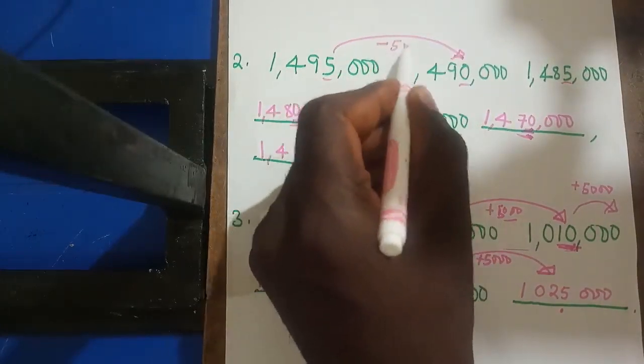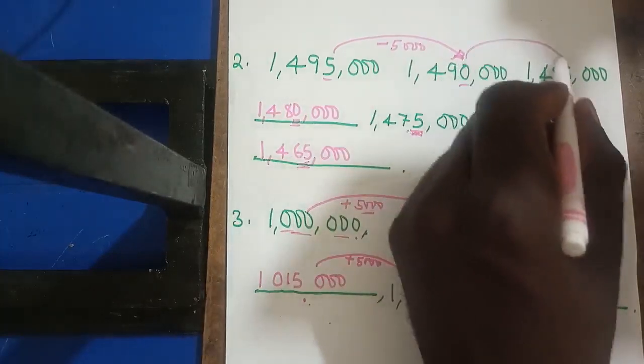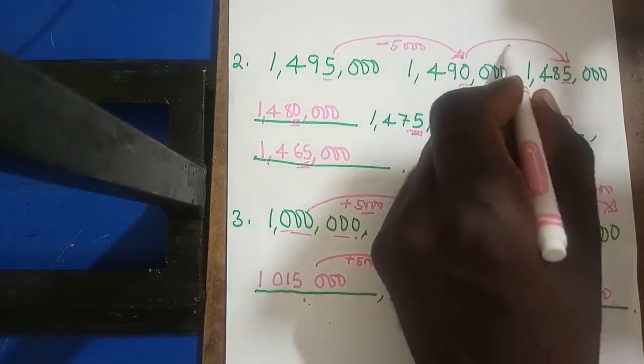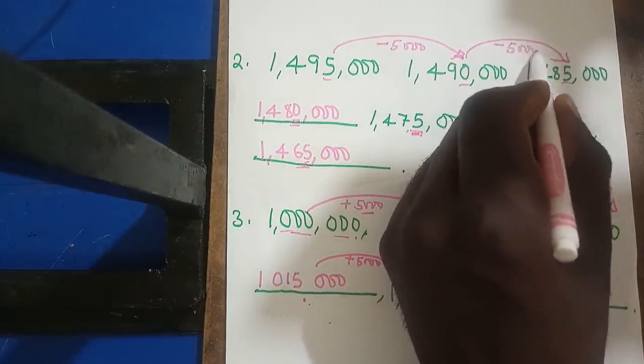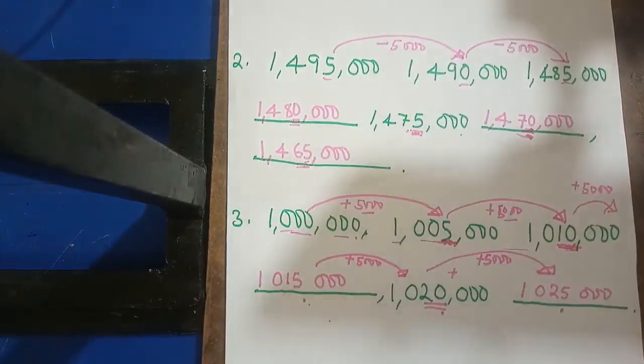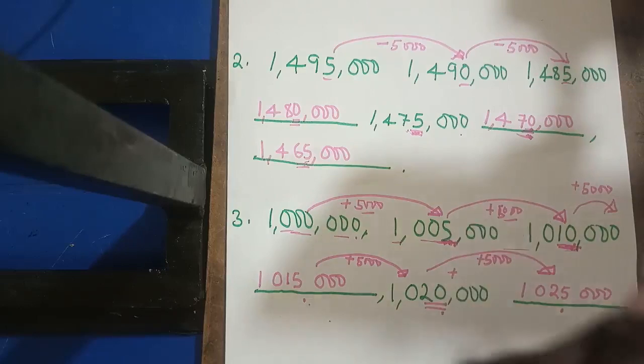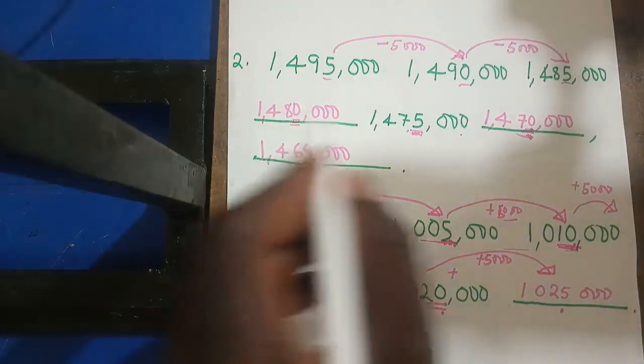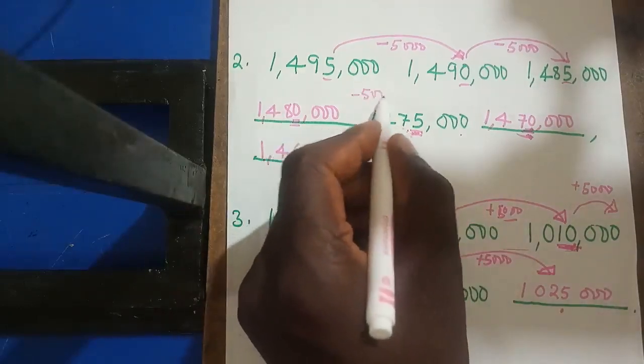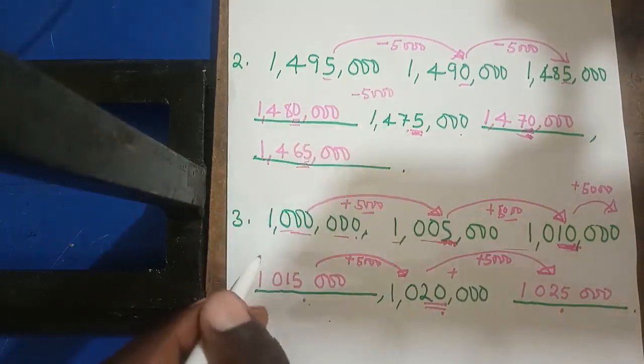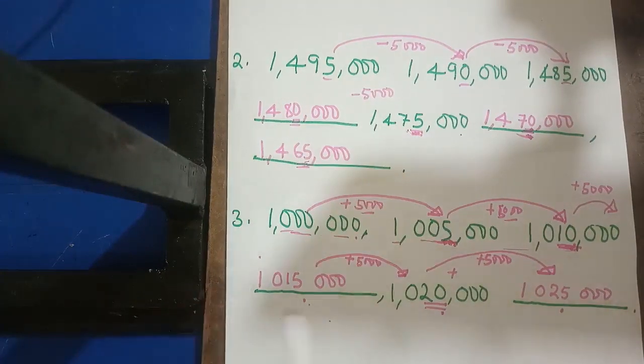To arrive at the next one, again there was minus 5,000. The next figure we reduce by 5,000. But in the last one here, we are looking at an addition of 5,000. That is the interval that we have been looking at.